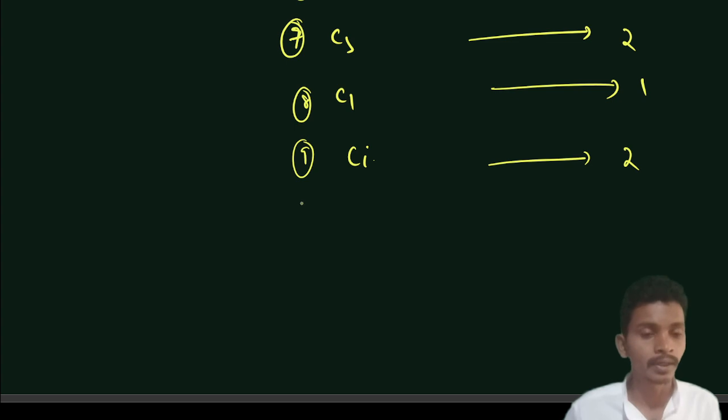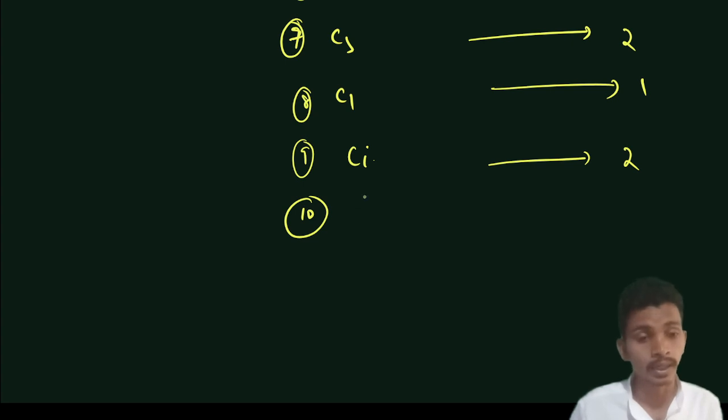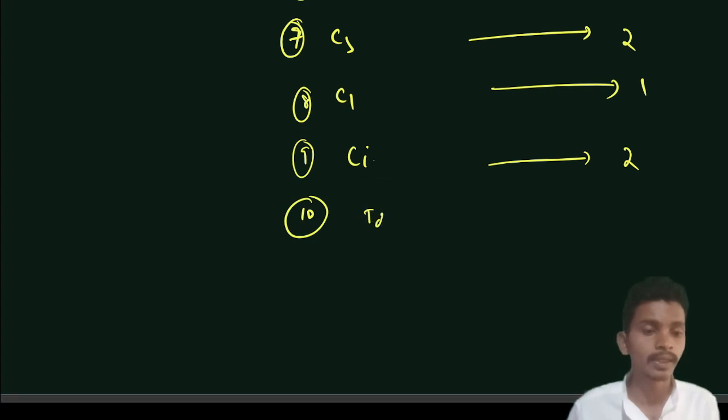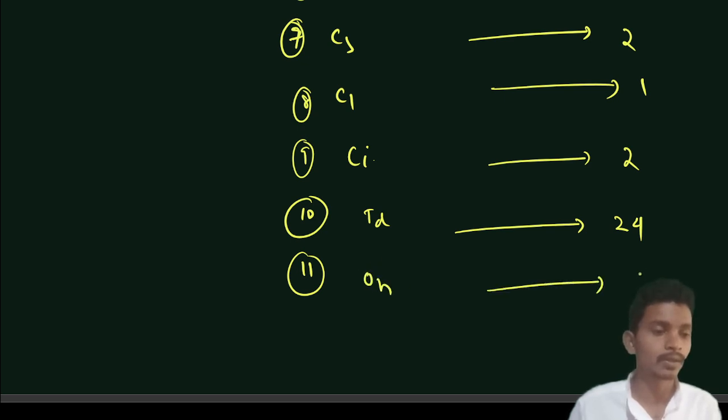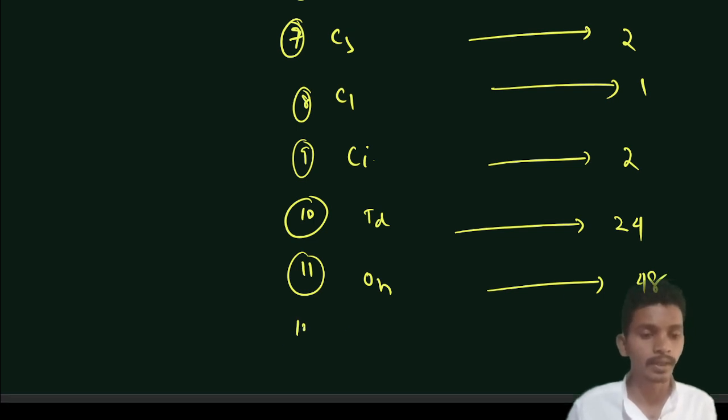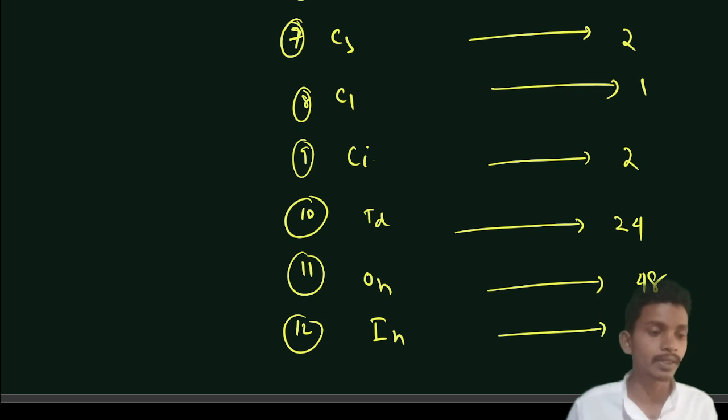Okay, and if I discuss the more highly symmetric groups, that is Oh or Td, how many are needed? 24 are needed. This you have to remember, this 24, and for Oh we need 48, and for icosahedron we need the highest, that is 120.